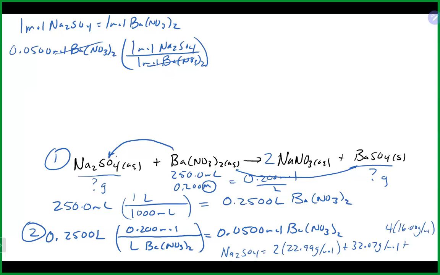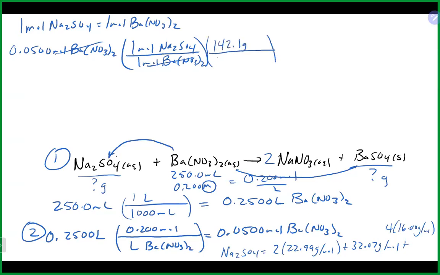If we add all that together, 2 times 22.99 plus 32.07 plus 4 times 16 gets us 142.1.